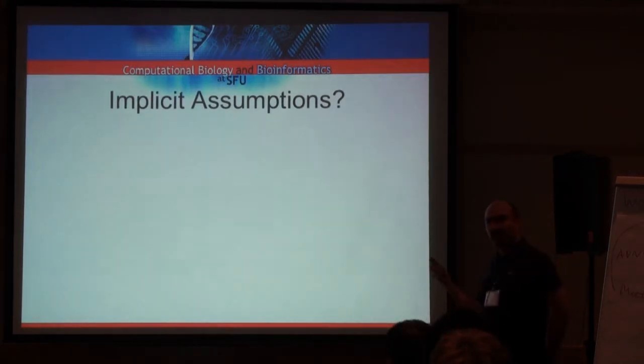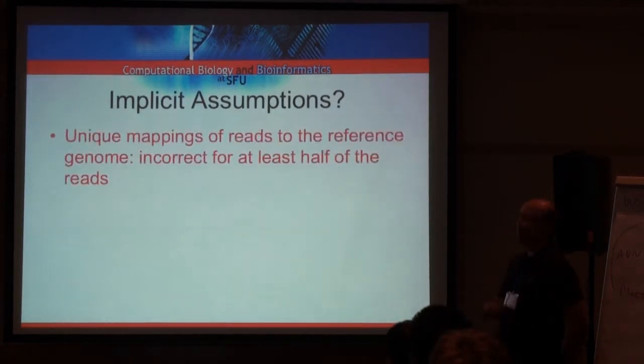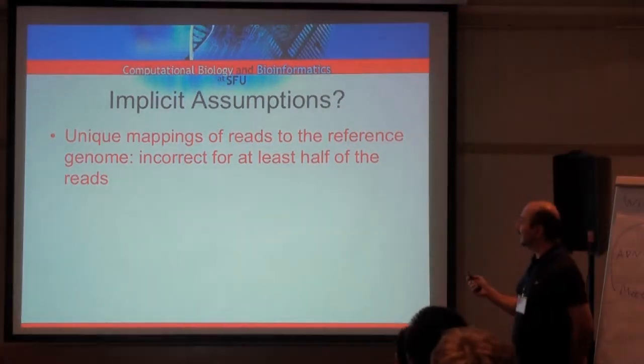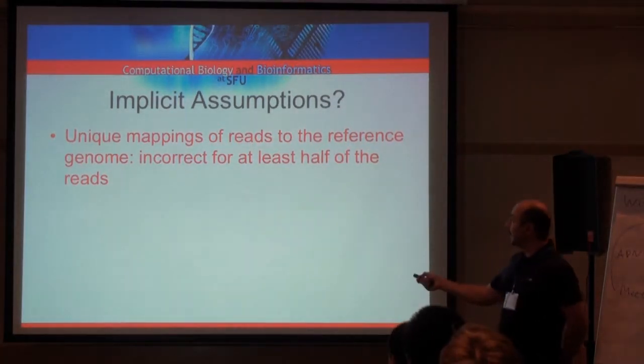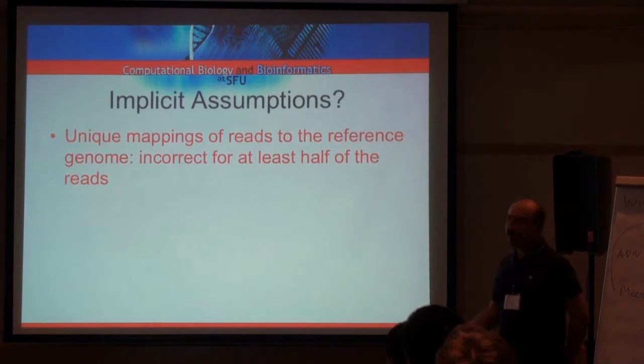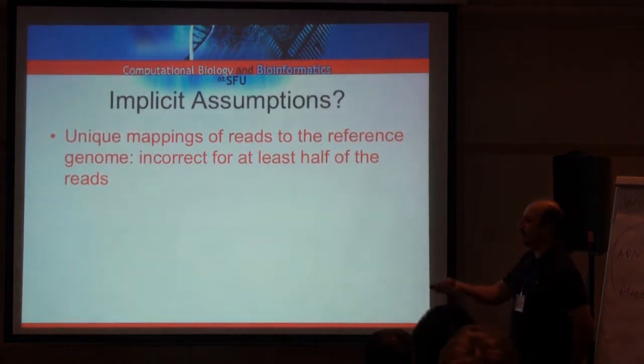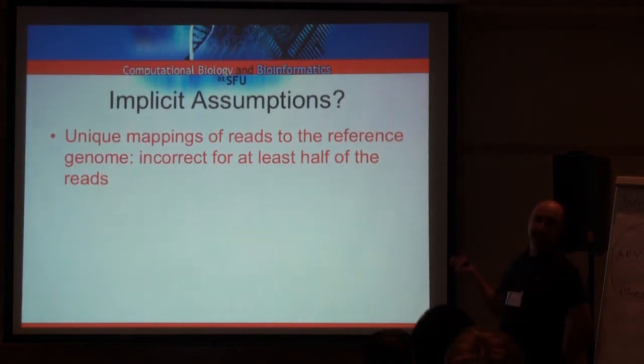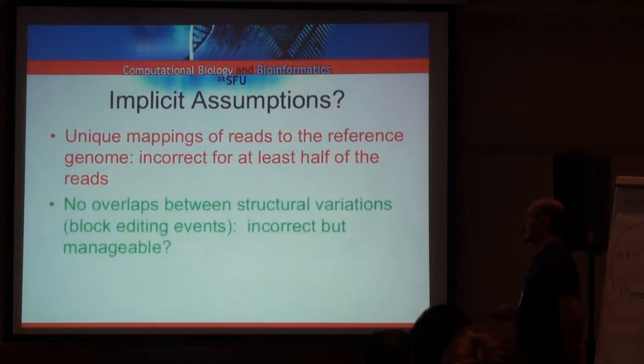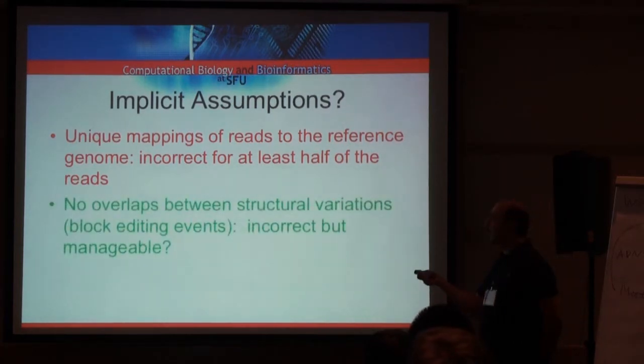However, when we are saying all this, we are making some implicit assumptions. In particular, we are assuming that the mapping is unique. So obviously, if the read maps uniquely to a single loci, our job is easy. If it's not the case, we have to think about it. We also assume no overlaps exist between structural variants.